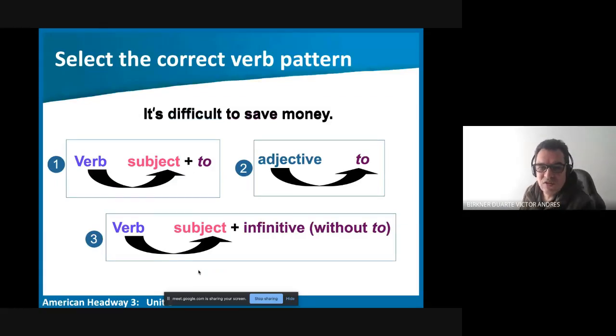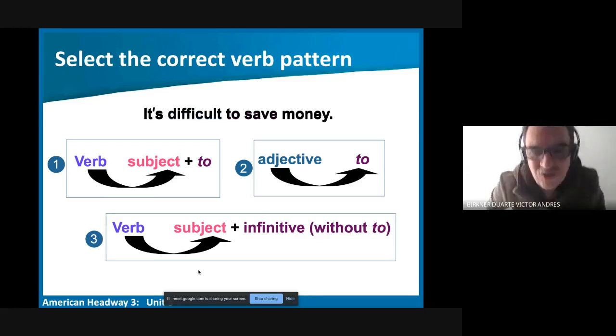Now it's your turn to start participating, right? Select the correct verb pattern, and the sentence is, it's difficult to save money. And you have to decide which pattern we are using here. Number 1, number 2, or number 3. What do you think?